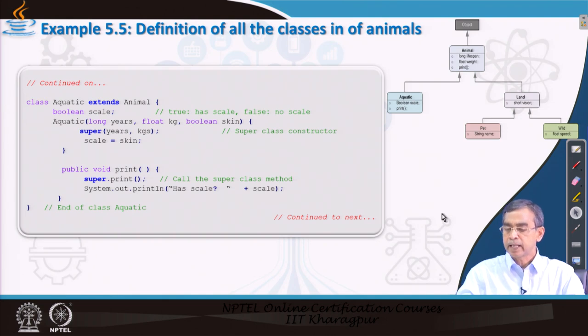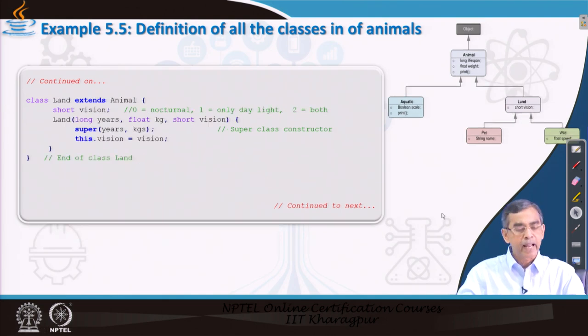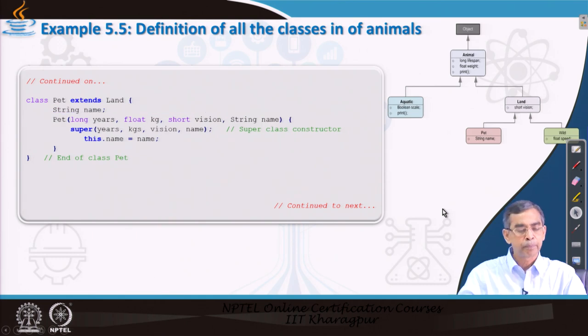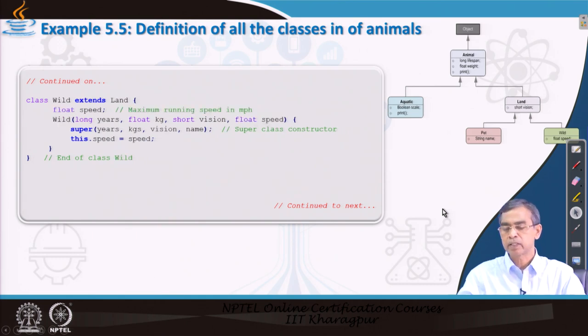Likewise, we will declare the land class. Land extends animal, and it has one simple method, the constructor, and there are no other methods. Likewise, pet and wild classes are defined. So, all classes are defined.